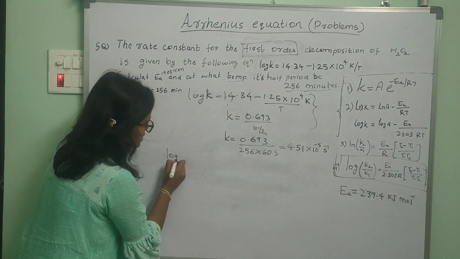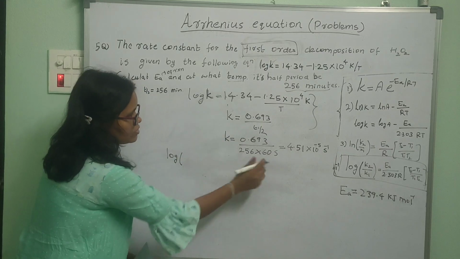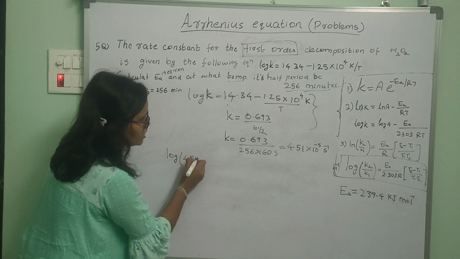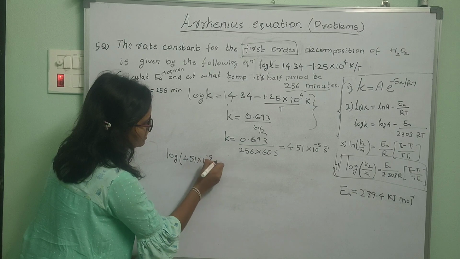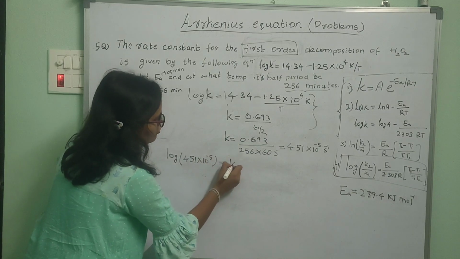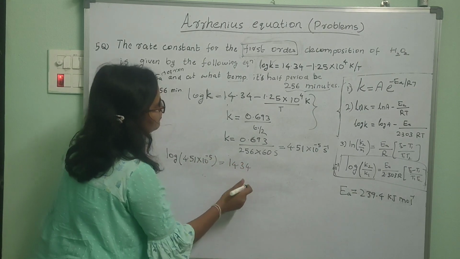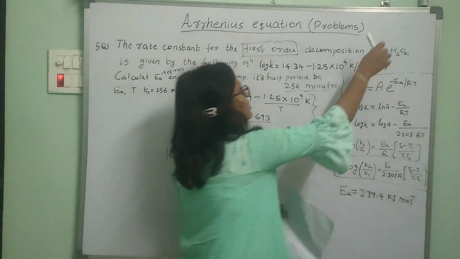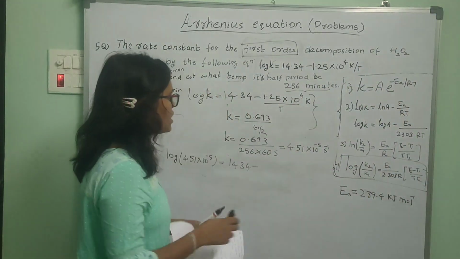So what I do is I put log k, which is 4.51 into 10 power minus 5, is equal to 14.34 minus, I think you can solve it now.